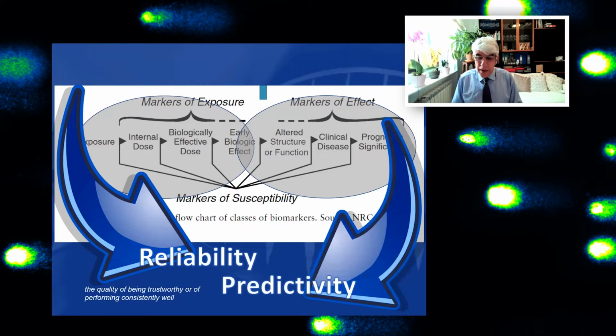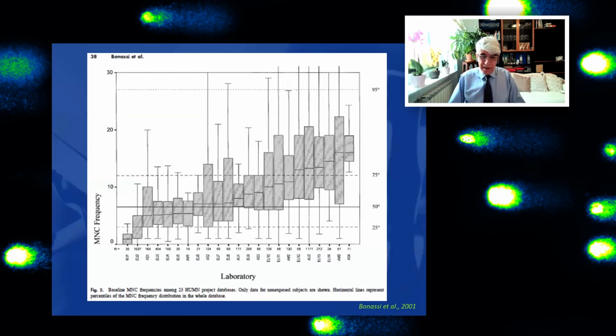And the other was how much our biomarkers predict long-term events. So these were the two main questions addressed. Can we make COMET-SA a more reliable marker and a more predictive marker? Or better, can we assess the reliability and the predictivity of this biomarker?